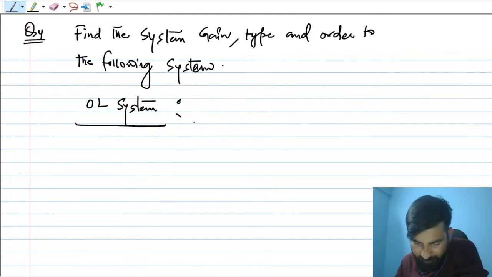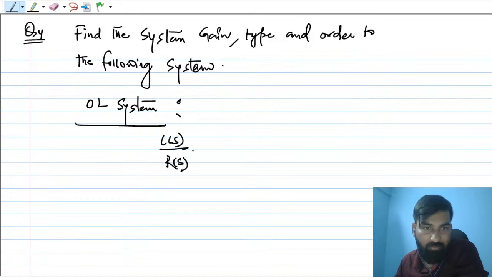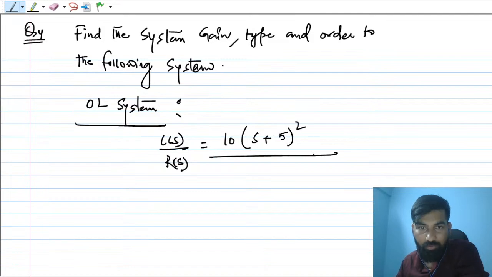I'm just going to write, and you can comment in the comment box. Here C(s) by R(s), which is the transfer function, is given as (s plus 5) square upon s cube (s plus 2) square (s plus 10).